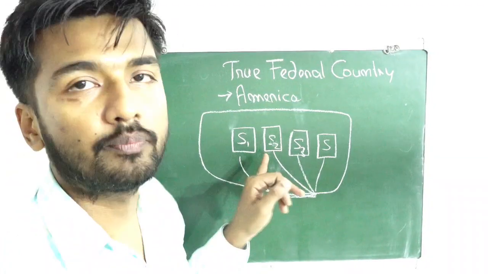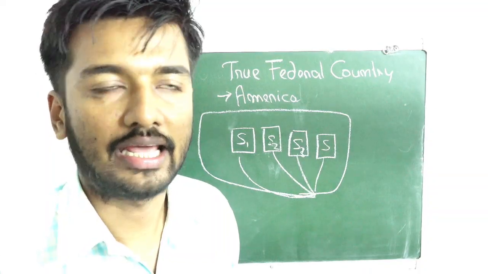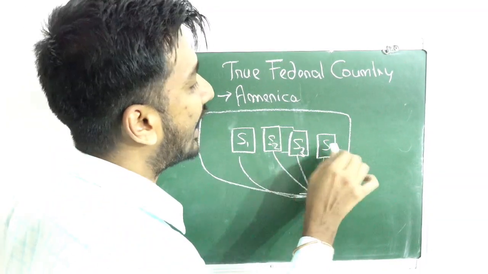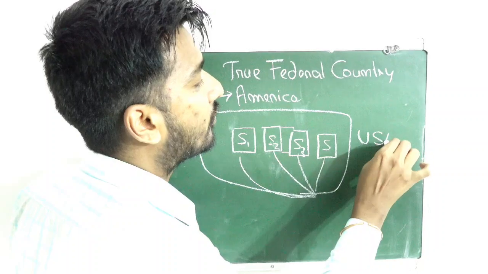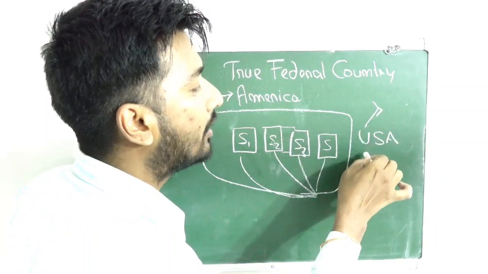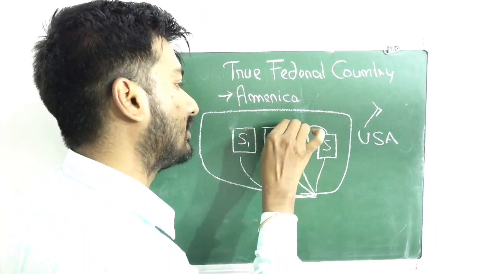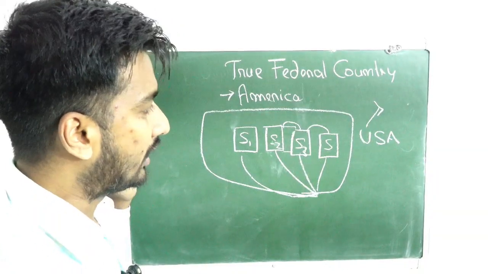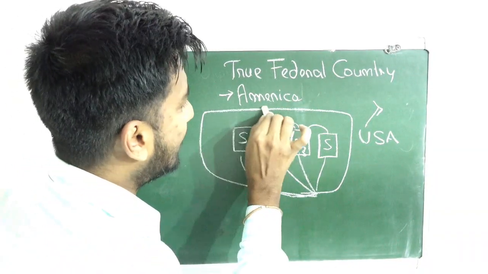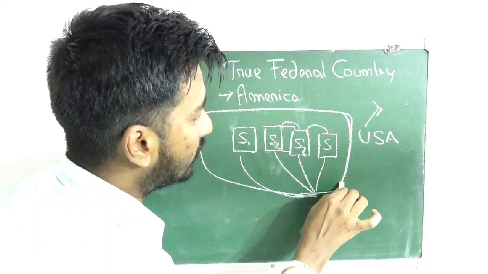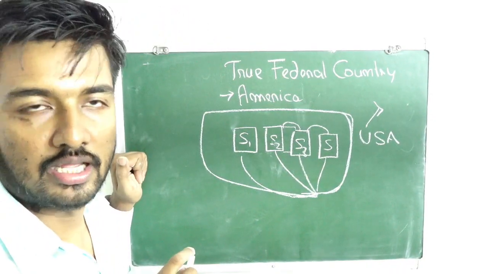There was an agreement between these states and they formed the United States. United, why? Because there is an agreement between these states. Now, this is a border which they cannot change.